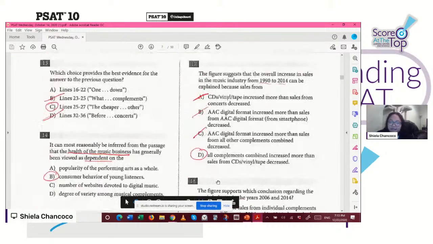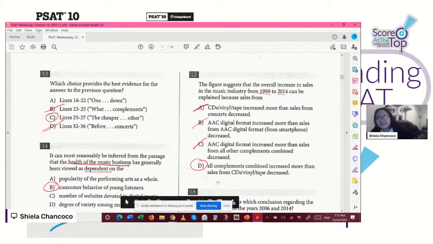All right, let's go to 17. Okay, 17 and 18 are with regards to the chart and the graph, right? The figure suggests that the overall increase in sales from the music industry from 1990 to 2014 can be explained because sales from blank. Okay, so my tactic to answer this is to see, is it true or false, right?